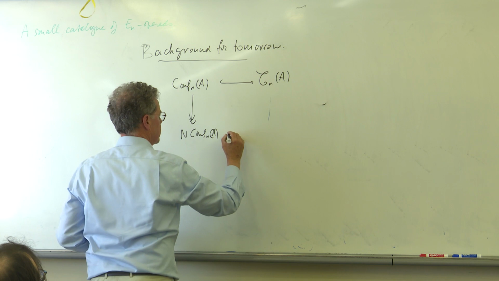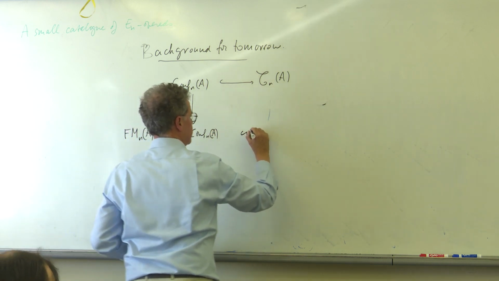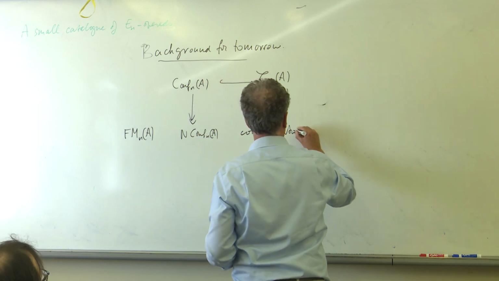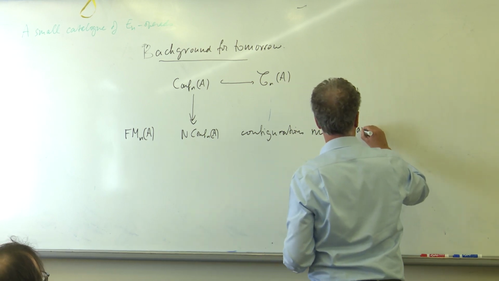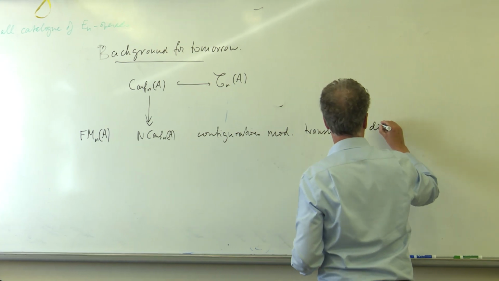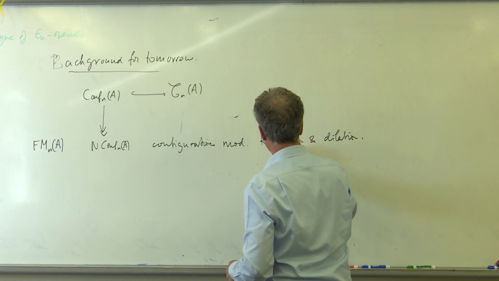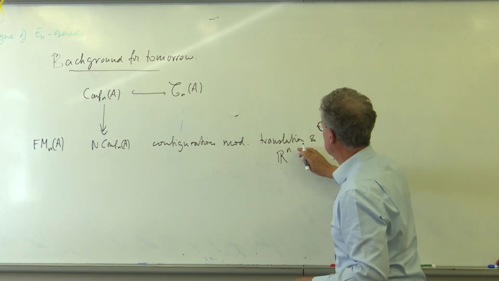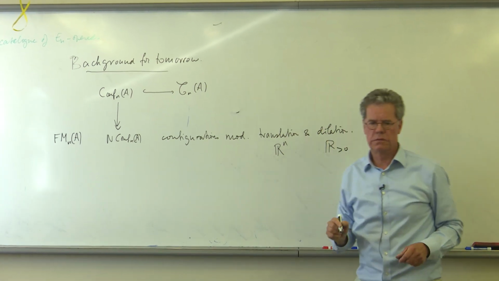So it's the quotient, configurations modulo translation and dilation. There's a group acting, which is the semi-direct product of translation, R^n, and dilation.